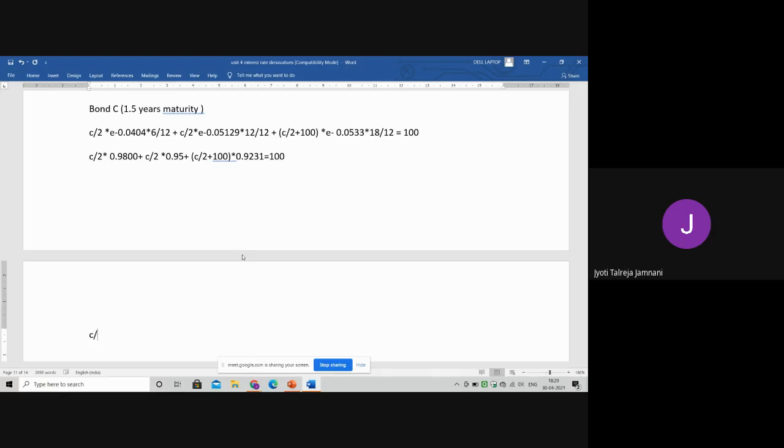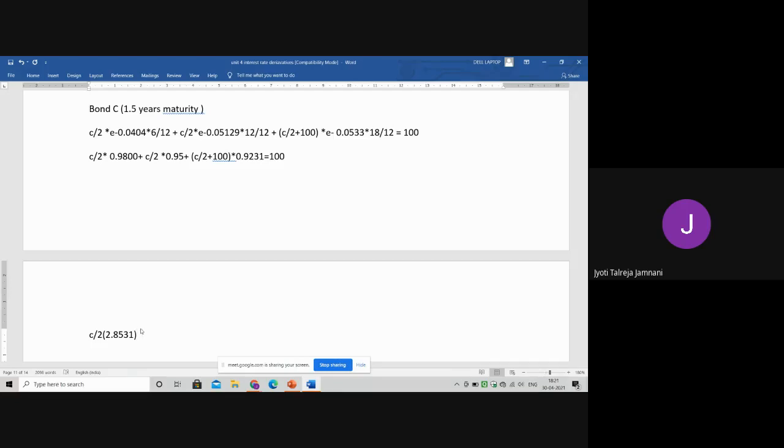Now we'll take C by 2 into common and we'll add all the three factors. That is 0.98 plus 0.95 plus 0.9231. So we get 2.8531.